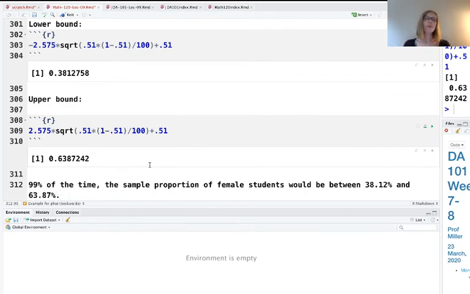In other words, the work that we just did tells us what sorts of samples we would expect to get from a population like this. And this is true.